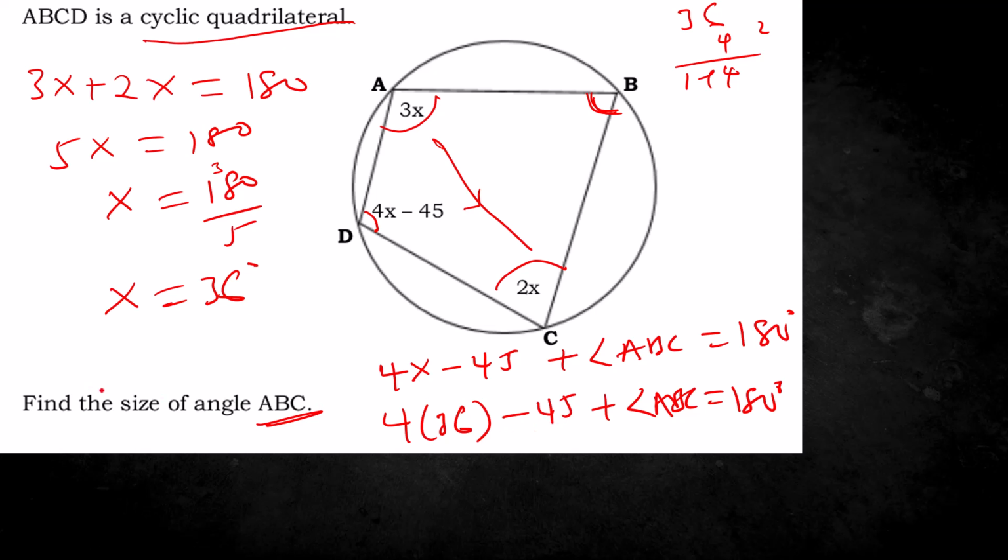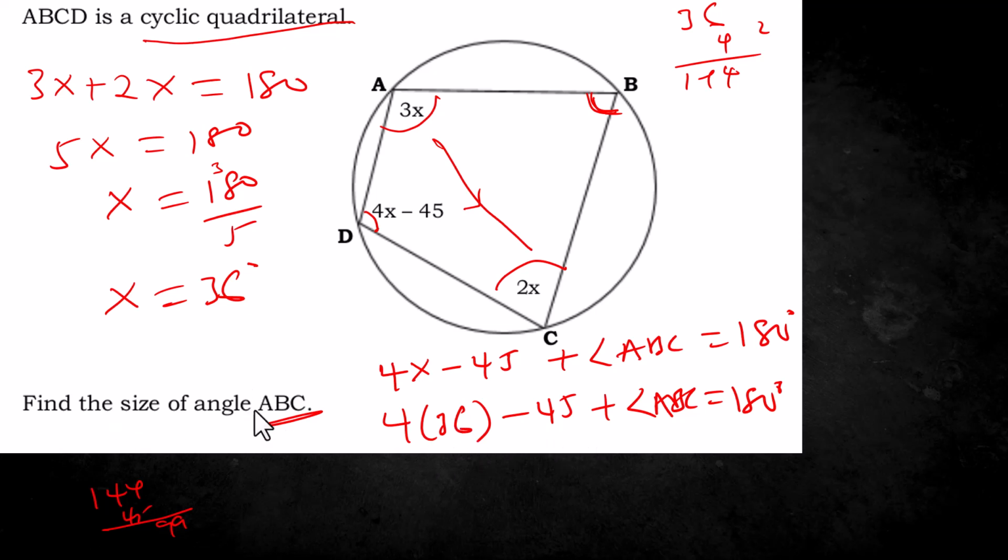So 144 minus 45 is 99. So we have 99 here.